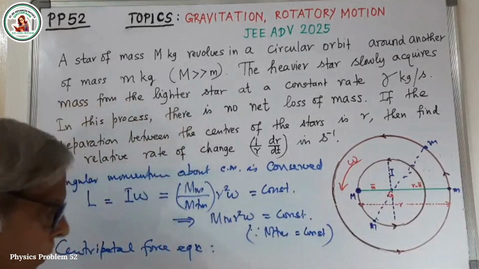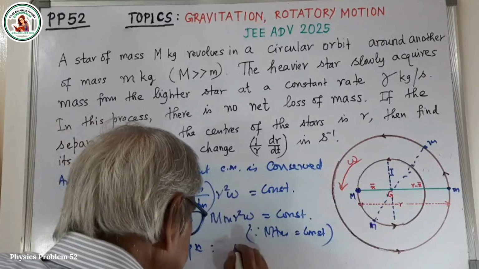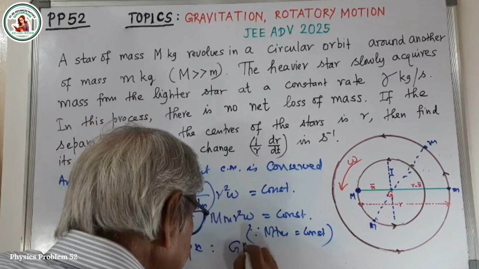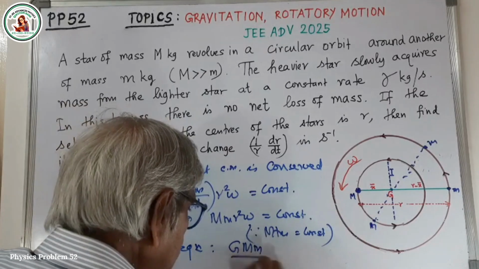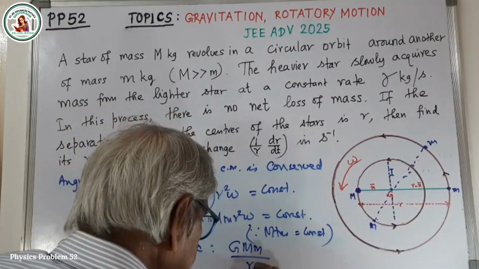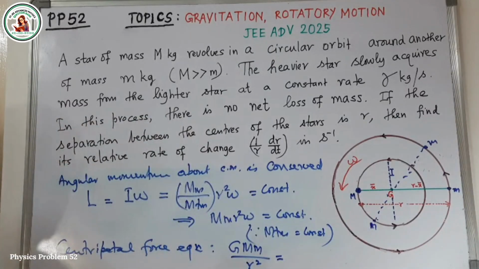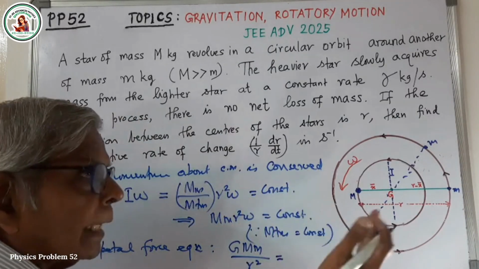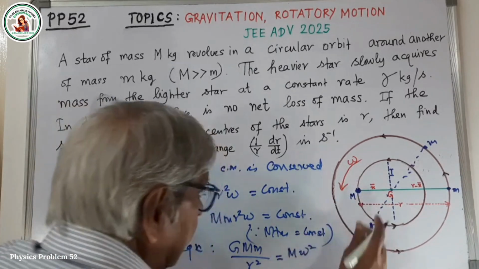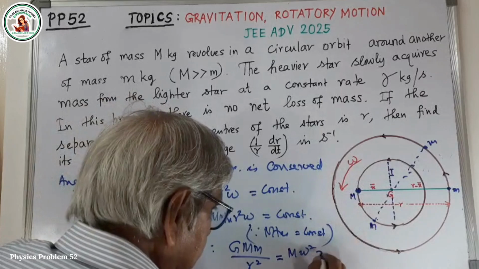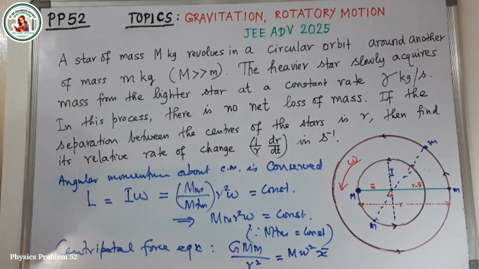Let us say for the larger mass, G M m by r square, with r the separation. This is the gravitational force, which gives the centripetal force. The centripetal force is capital M omega square x bar, where x bar is the radius. That is the centripetal force equation.